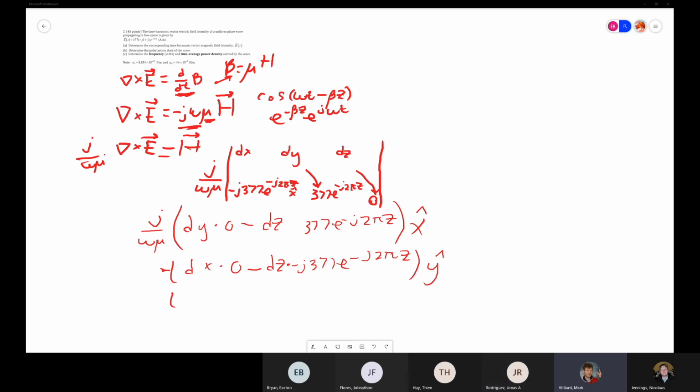And then for the z component, the z column, I make sure I multiply the right terms. dx times 377 e to the negative j2 pi z, and then you're doing minus a negative, so it's plus dy of the x component.